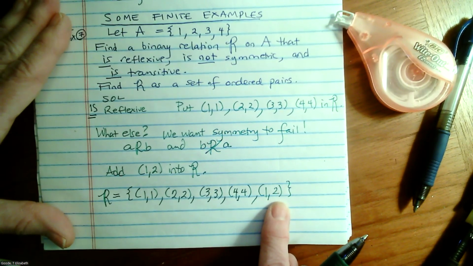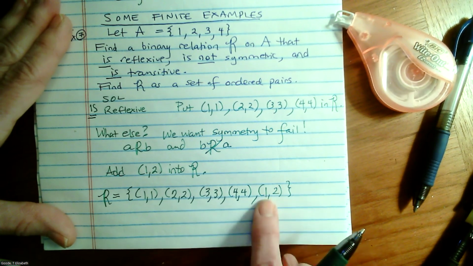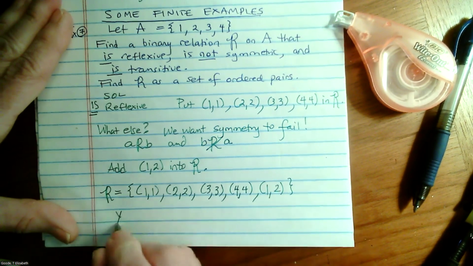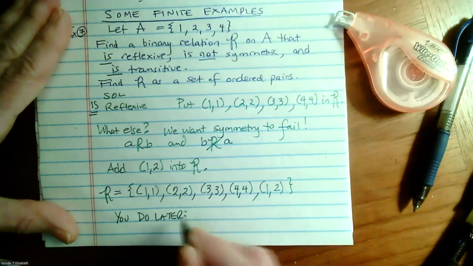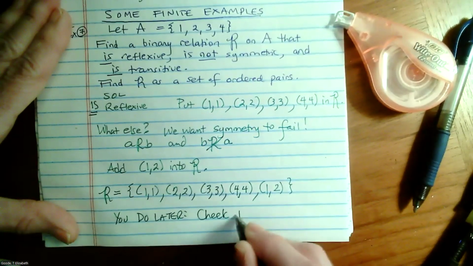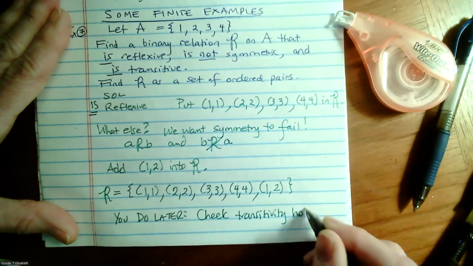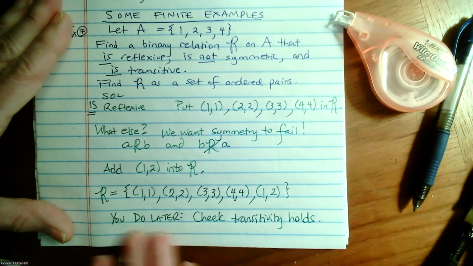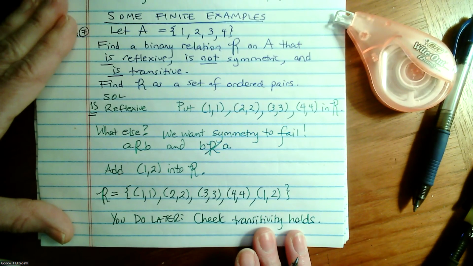Symmetry has failed, but transitivity never will if the only non-reflexive pair you have is just 1 non-reflexive pair. So you do later check that transitivity holds. And we're going to pick up our discussion on Wednesday with transitive closure, and we'll start with this, and we'll discuss why transitivity holds, okay?